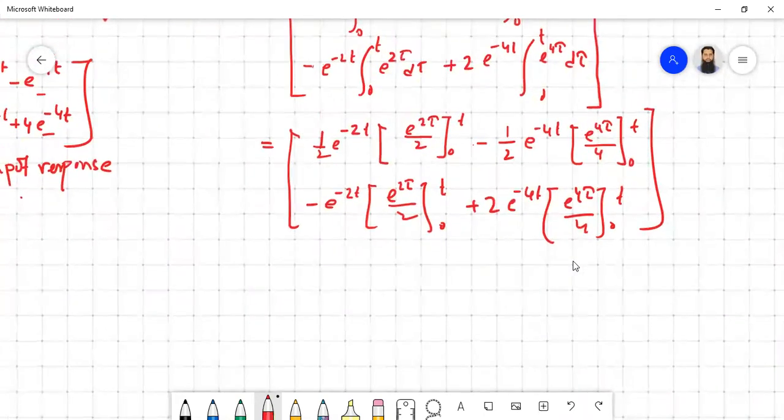Okay, so now if we replace the values, what will we have?